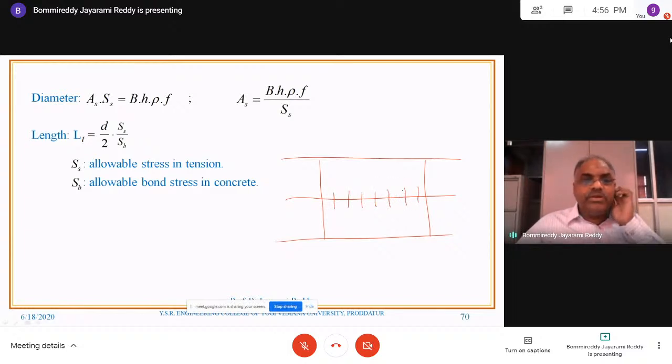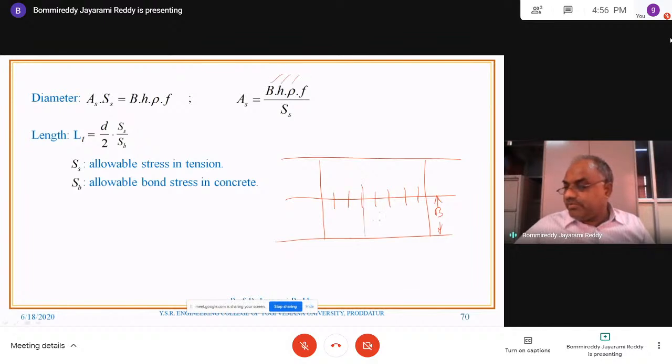So what is the total frictional resistance here? Let us assume that here it is for B into H. This is called the width B, multiplied by thickness, multiplied by 1 unit.